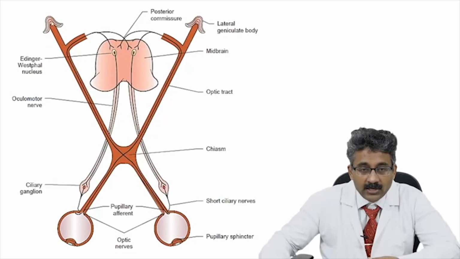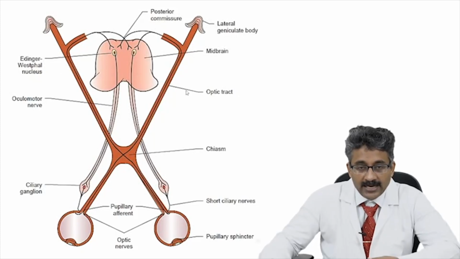This is the lateral geniculate body, and before the lateral geniculate body, the nerve will give impulse to the Edinger-Westphal nucleus of the same side as well as the contralateral side. It has a bilateral connection. That is why it is a consensual reflex. So if you throw light on one eye, there will be a response in both the eyes.